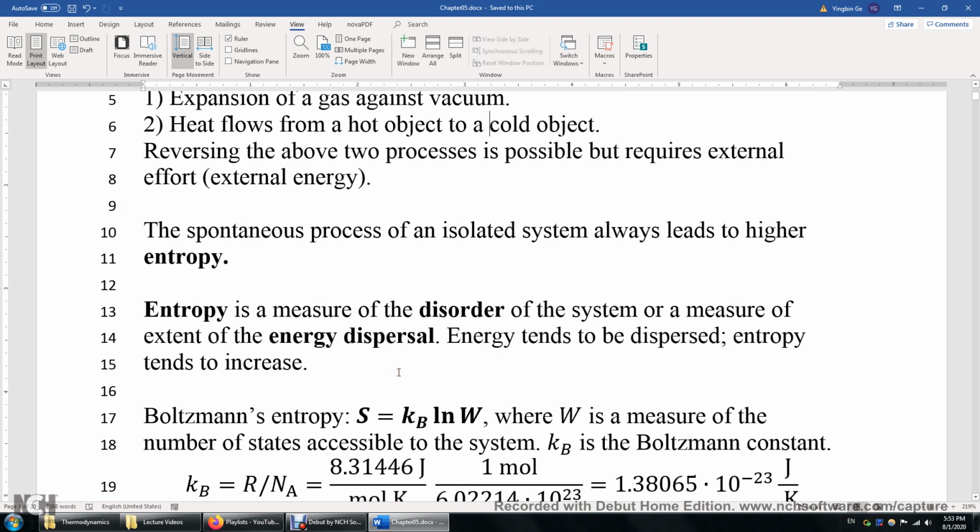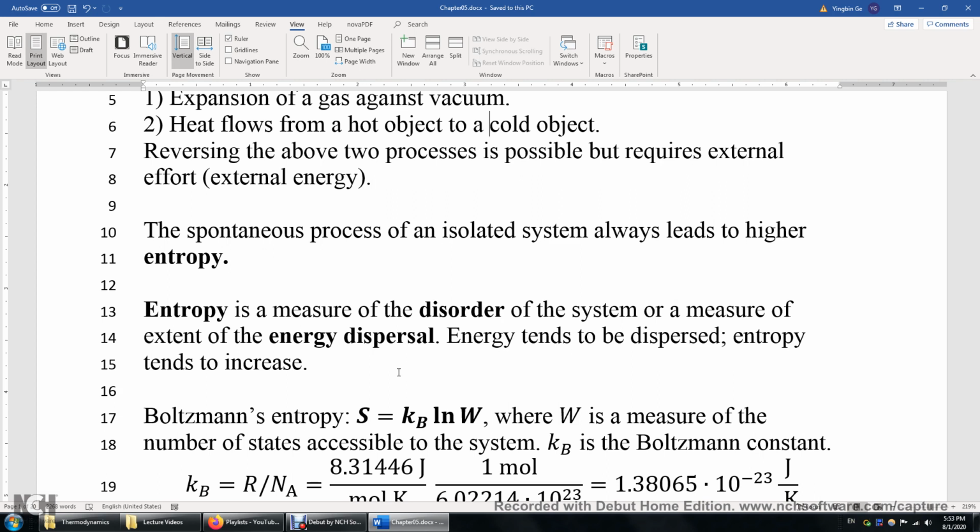The spontaneous process of an isolated system always leads to higher entropy. It also applies to the universe. So anything that happens in this universe is a spontaneous process because it happened.